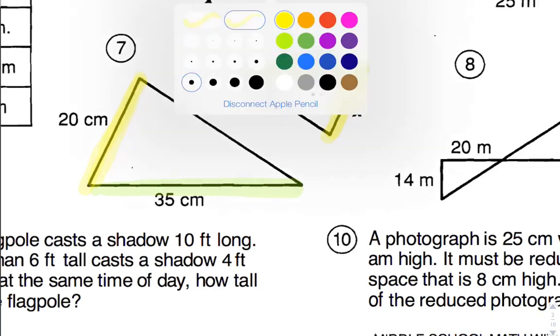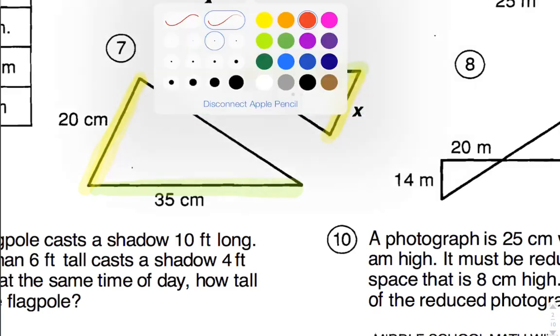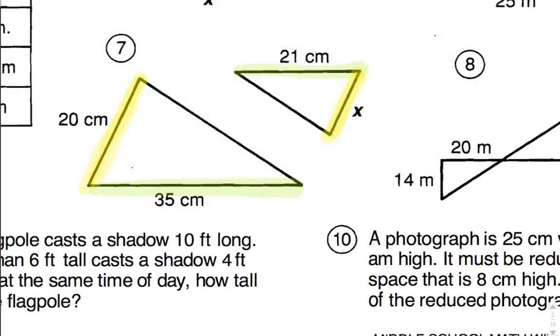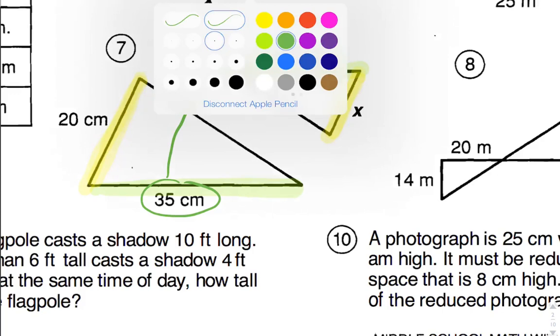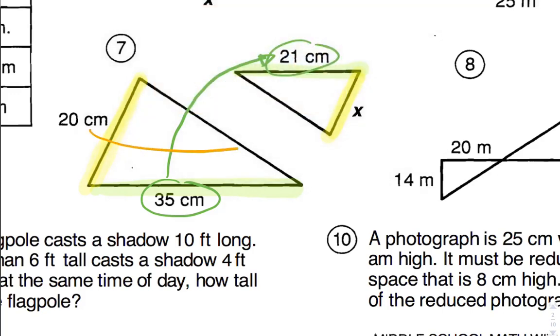Okay, so what I'm going to do is find my known side lengths. This 35 to the 21. I'm always going to be going towards my variable. 20 to X, always in that direction towards the variable. I'm going to use my known values first.